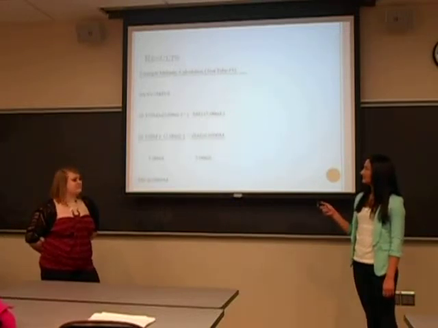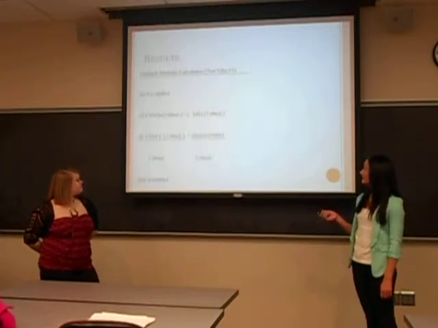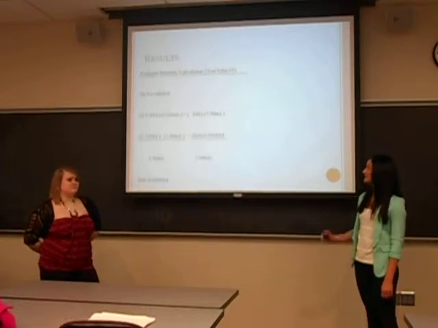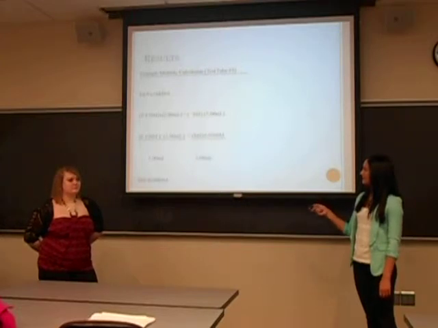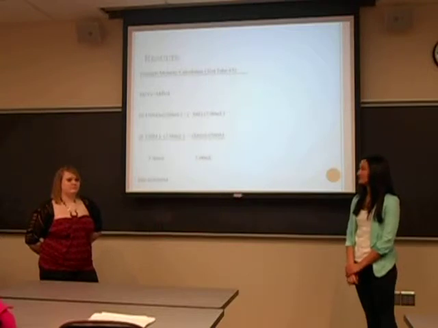We set that equal to the molarity of the diluted, which is what we were solving for, times the volume we were trying to obtain, which is 5.00 milliliters. Using algebra, we could determine that the molarity of the diluted solution would be 0.0600 molar.